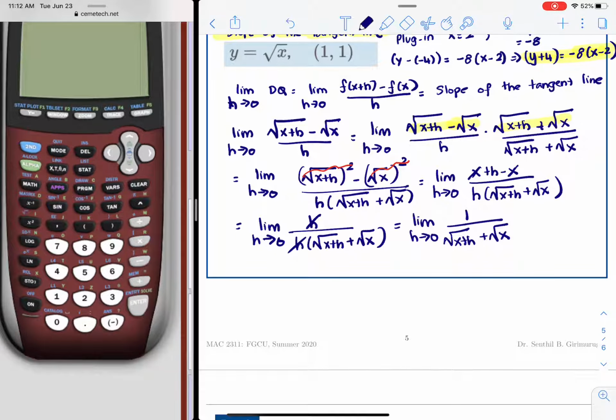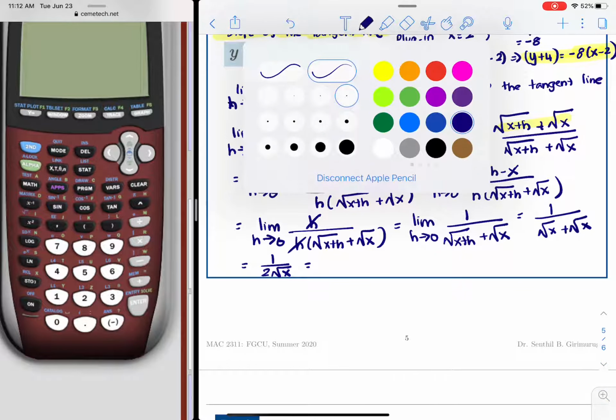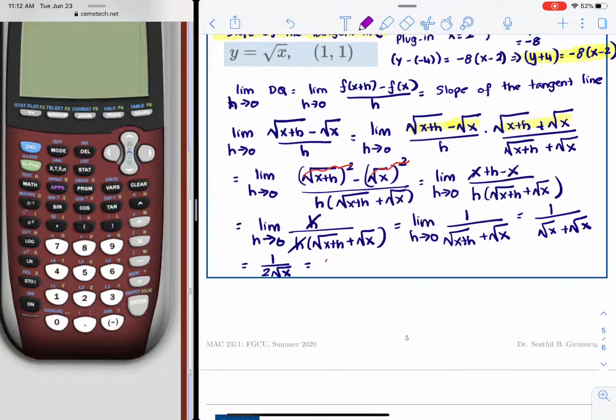When we apply the limit, the first term would become square root of x in the denominator, the second term would also be square root of x, and if I combine the two, I'd simply have 1 over 2 root x. That simply is the slope of the tangent line in terms of x, which we obtain using the difference quotient.